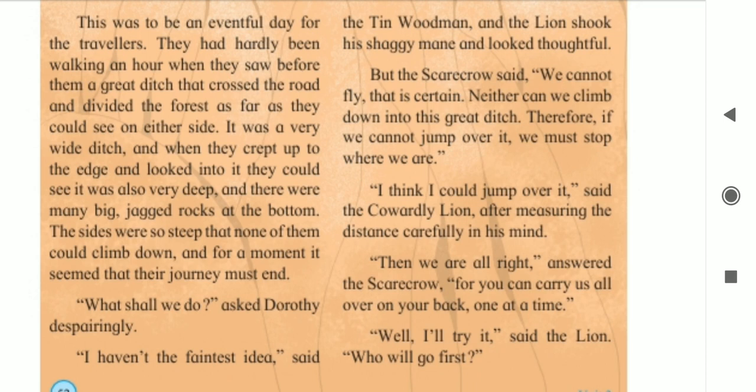I think I could jump over it, said the Cowardly Lion, after measuring the distance carefully in his mind. Then we are all right, answered the Scarecrow, for you can carry us all over on your back, one at a time. Well, I'll try it, said the Lion. Who will go first?